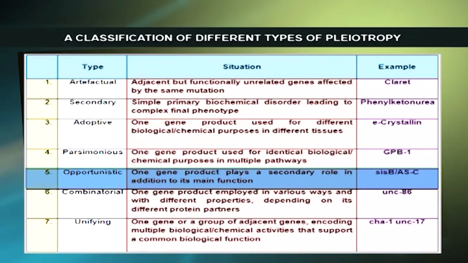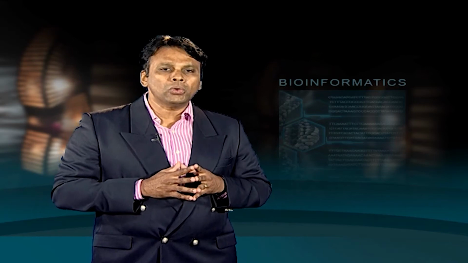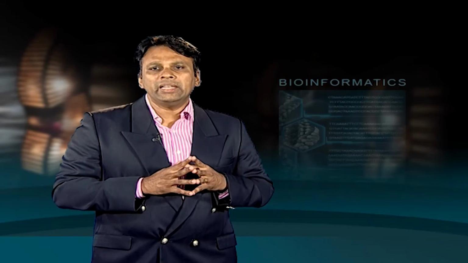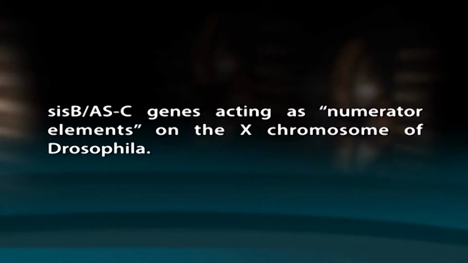Now, let us look into the fifth one, opportunistic pleiotropy. It is related to the two preceding types. A regulatory protein is recruited to perform an additional function in a different tissue. An example is the sisterless A and B genes acting as numerator elements on the X chromosome of Drosophila.